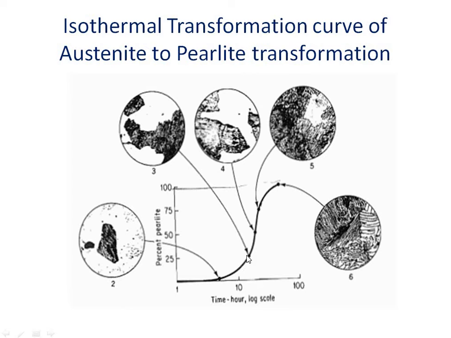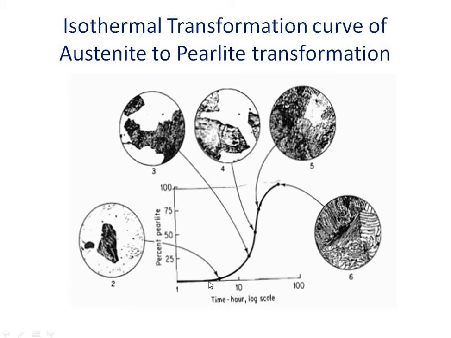The second point indicates the 25% perlite, that is dark area. Next point indicates the 50% perlite. Next point indicates the 75% perlite, then 95% perlite, and the last point indicates the 100% perlite.